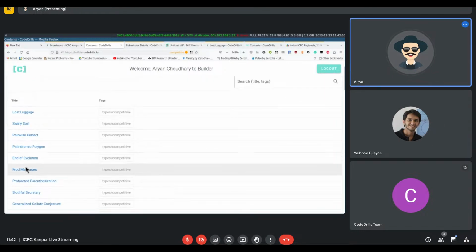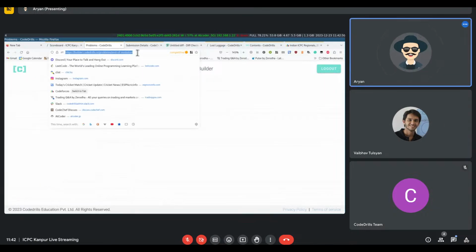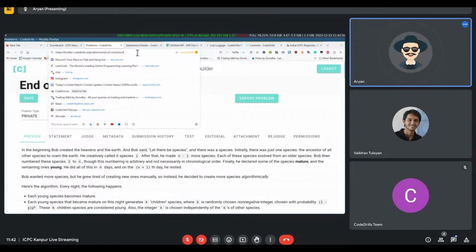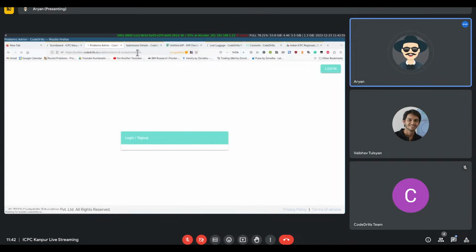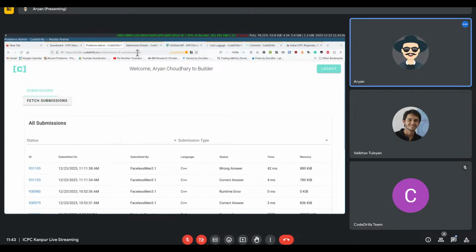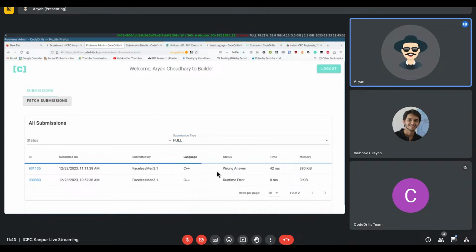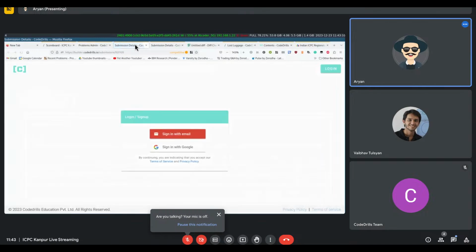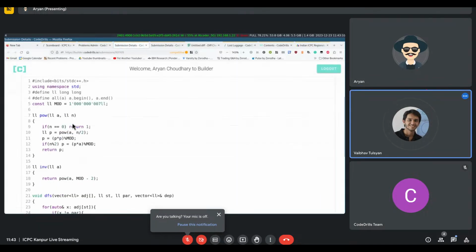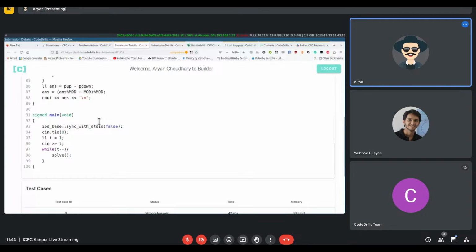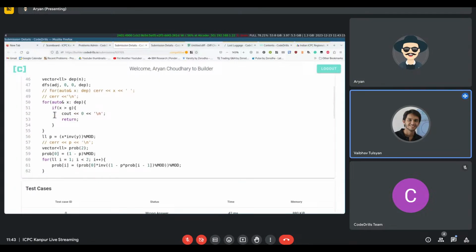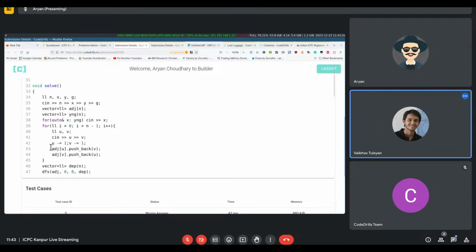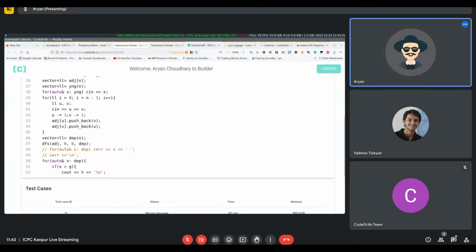Let's go ahead and look at the Faceless Men's submission for the evolution problem. Okay, I saw a scene. They are taking a vector as an input.